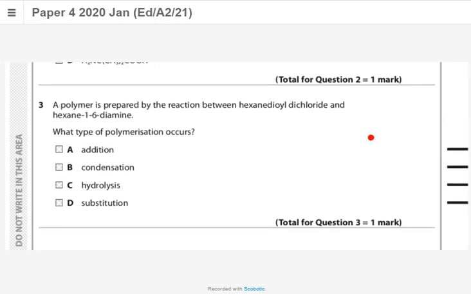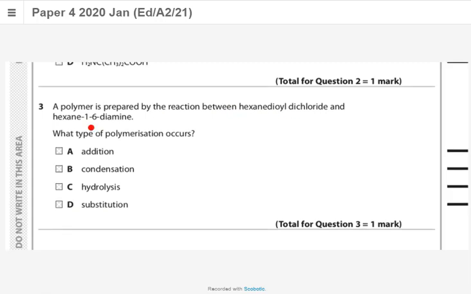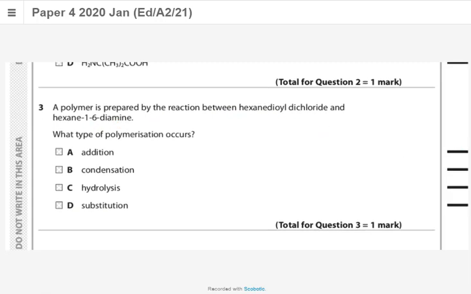A polymer is prepared by the reaction between hexanedioyl chloride and hexane-1,6-diamine. What type of polymerization occurs? This is acid chloride with diamine. It's a condensation polymer.